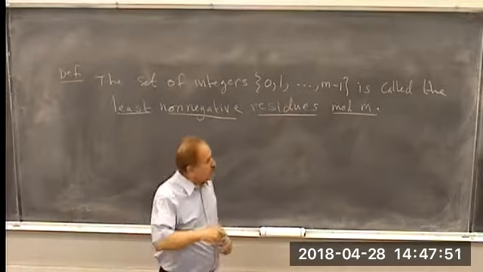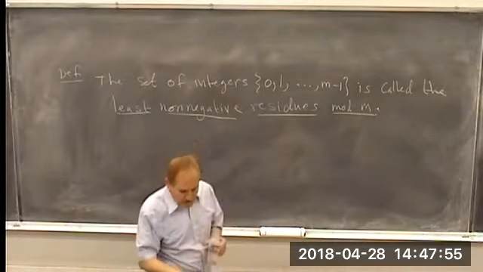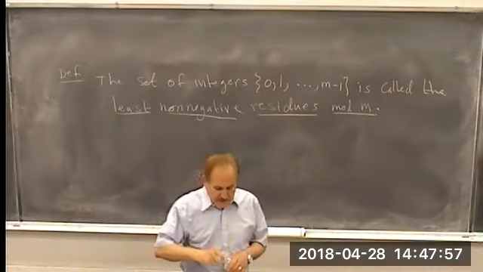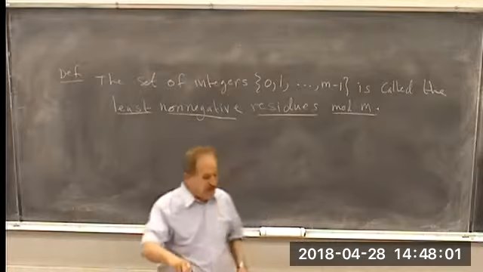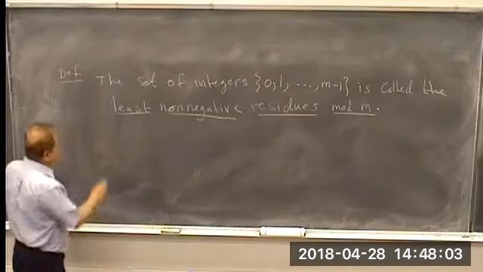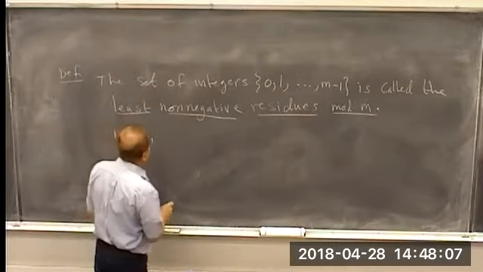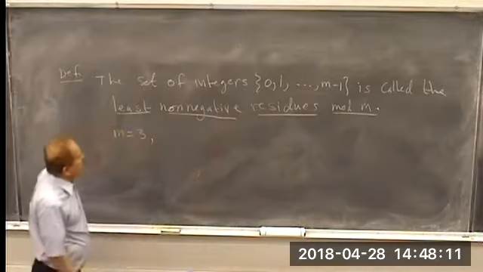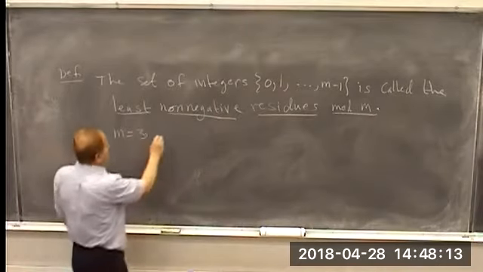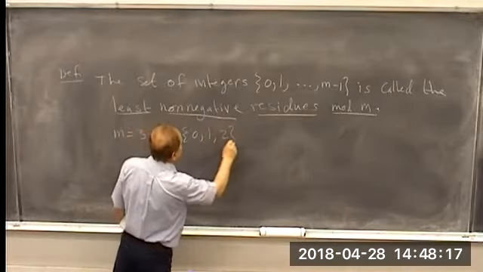Now, for these E's, go back to the example for m equal to 3. The least non-negative residues for this are, of course, 0, 1, 2.